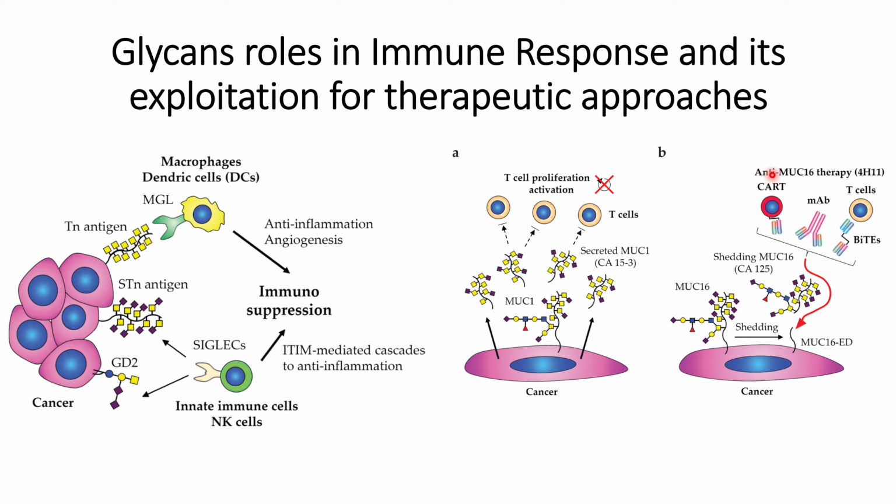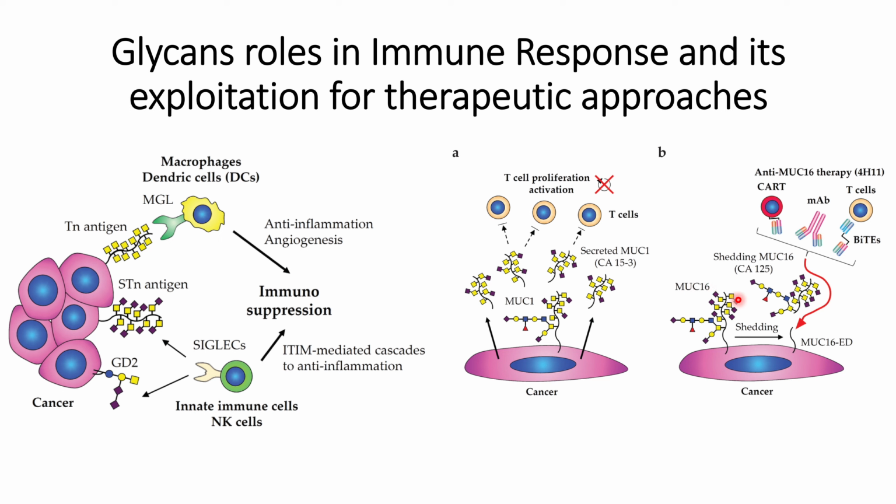And this anti-MUC16 will mainly target the CA125 region of MUC16, which is a unique epitope. Mucin 1 and mucin 16 are different.